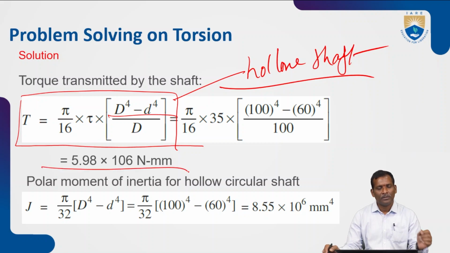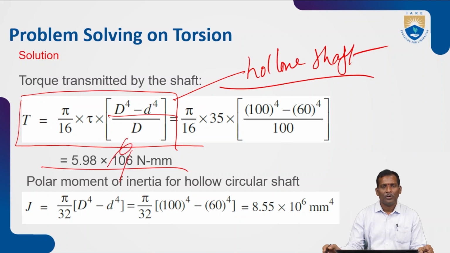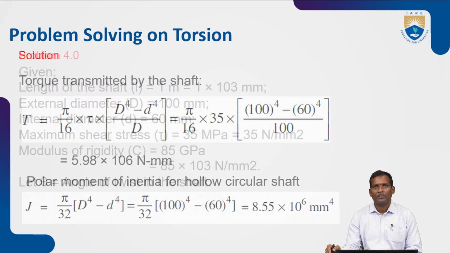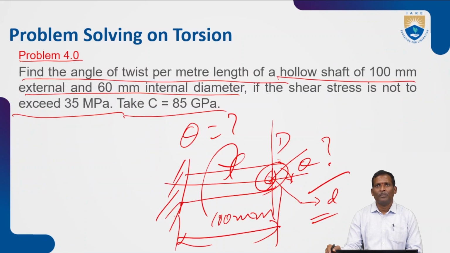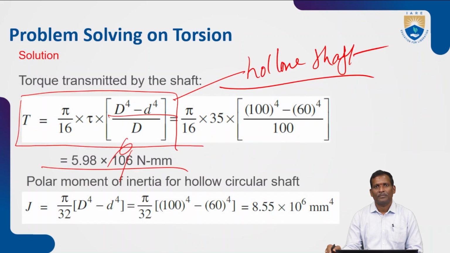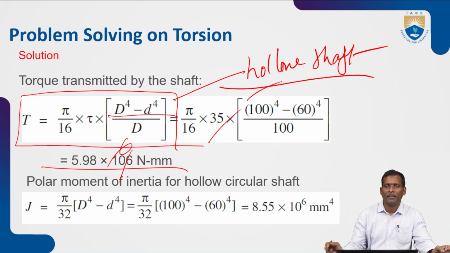So how much did we get? 5.98 into 10 to the power of 6 Newton mm. So here in this problem, what is asked is to find the angle of twist for unit length. The torque is calculated, the shear stress is given, and external diameter D and internal diameter d are 60.